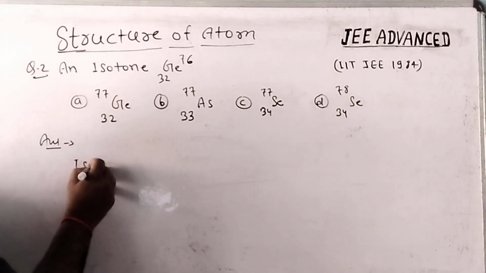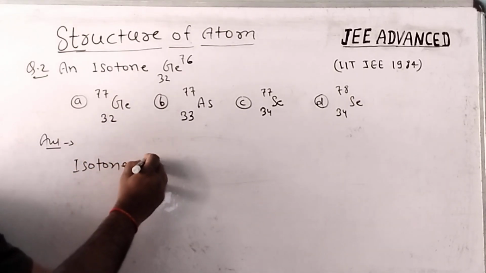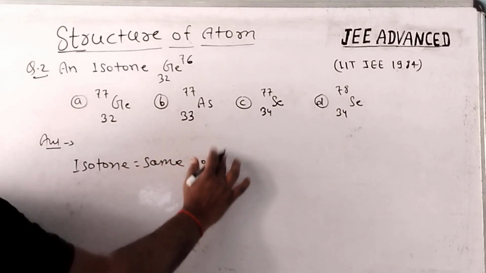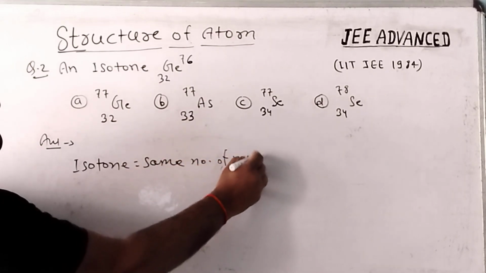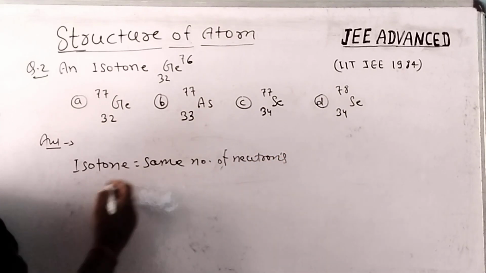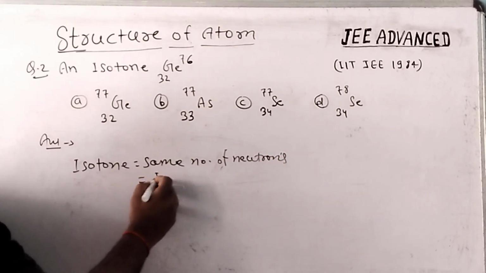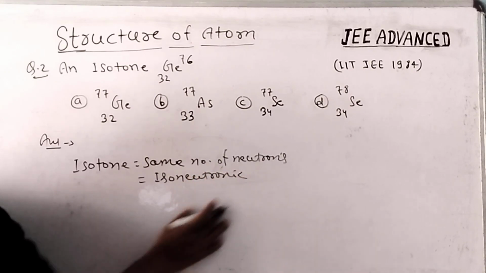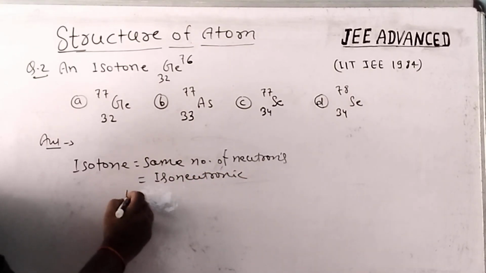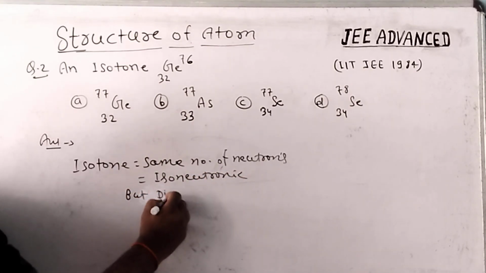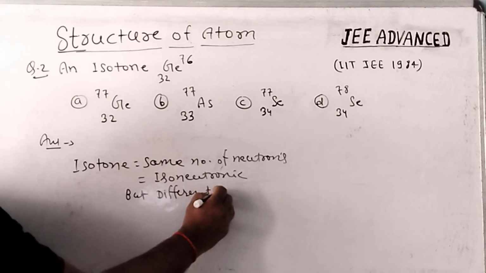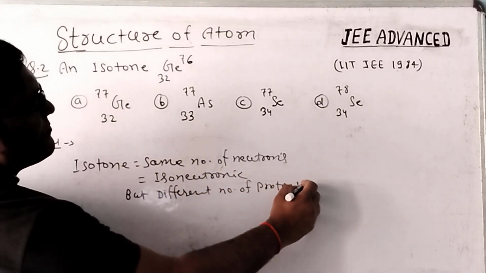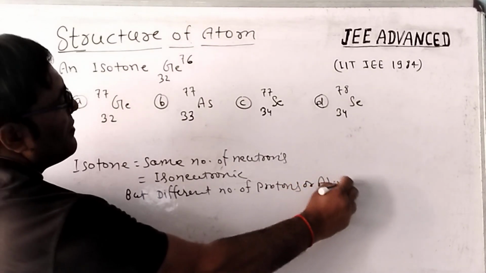So isotone means same number of neutrons, or they are also known as isoneutronic species, but different number of protons or atomic number.